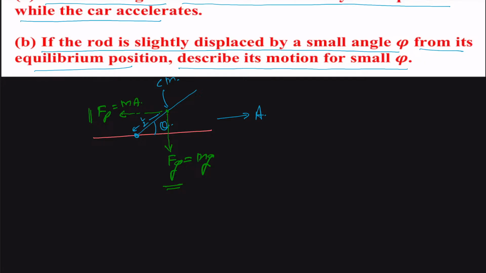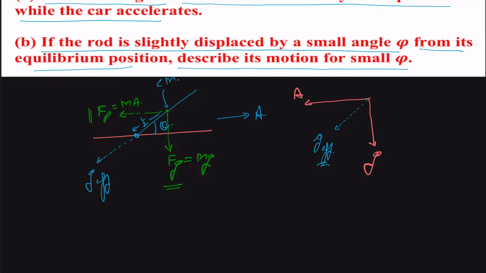Obviously we are going to draw the component-wise forces. In the downward direction we have G, in the backward direction we have A. Therefore there will be a G effective, and this G effective should align with the rod.